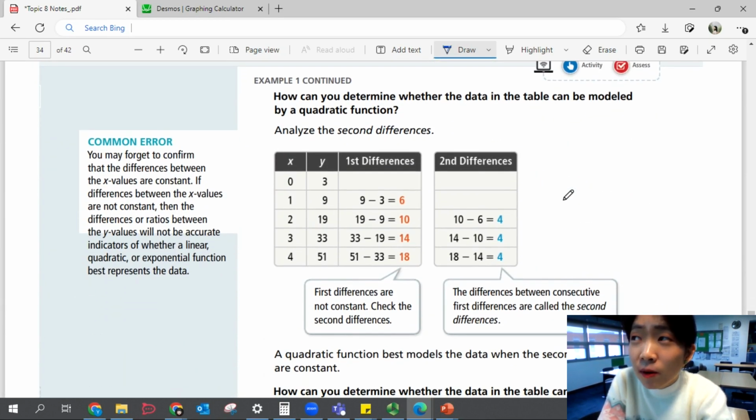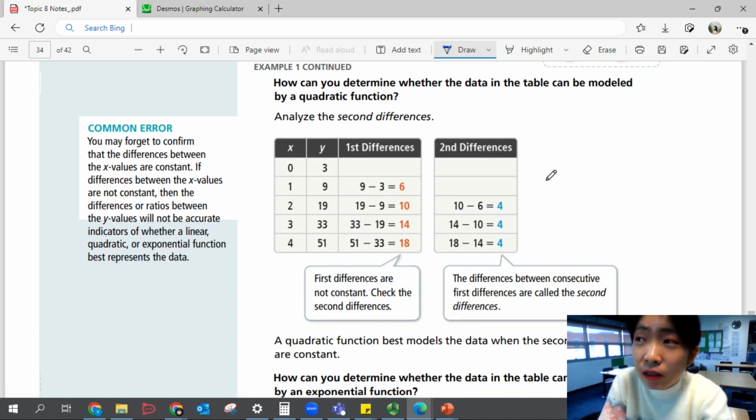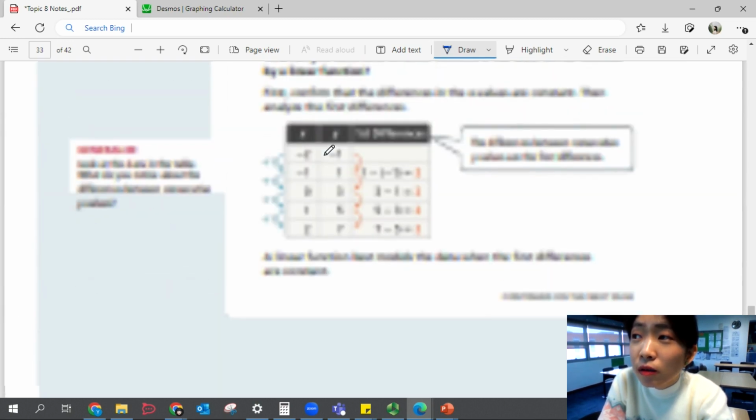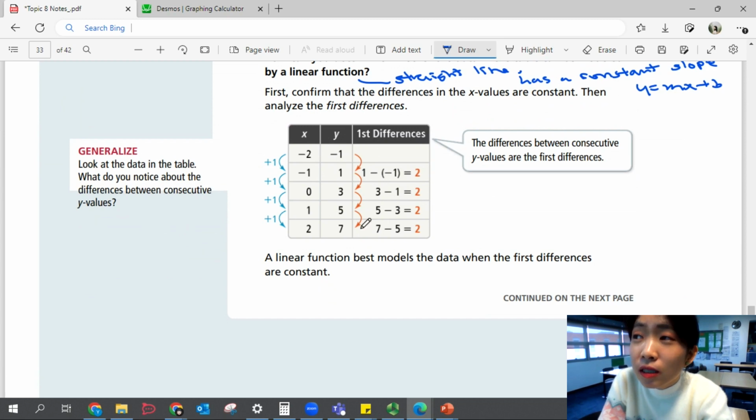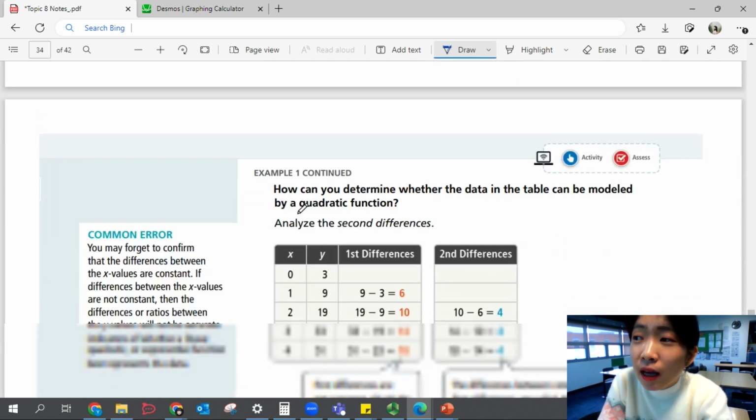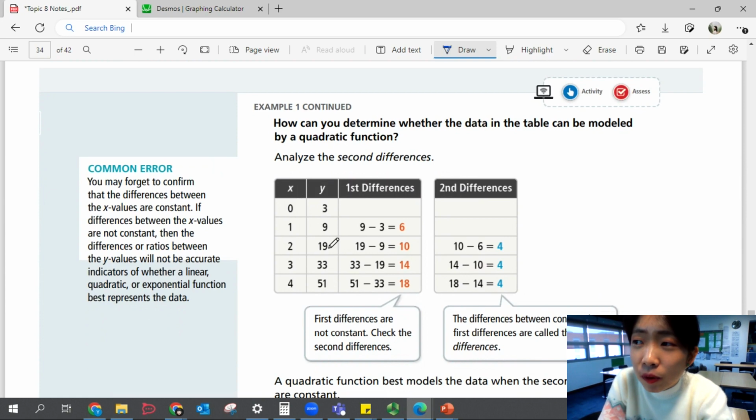And how can you determine whether the data in the table can be modeled by a quadratic function? Let's analyze the second differences. What is the first and second differences? First differences, so now look at, this is one data, and now we have different data points, right?